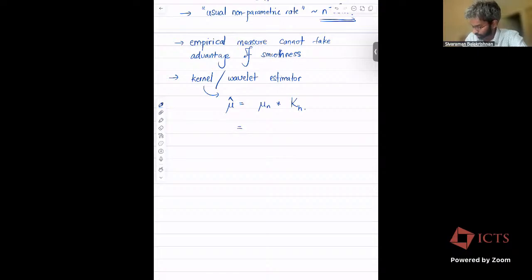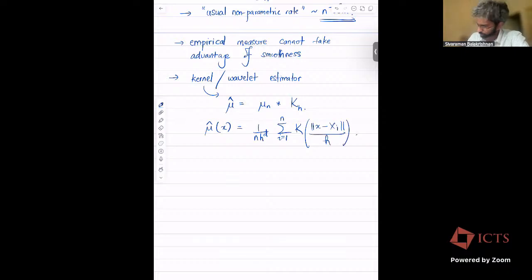If you care, it will look almost like the empirical measure, but just smoothed out a little bit. So that is mu hat at some point, little x, would look like this.